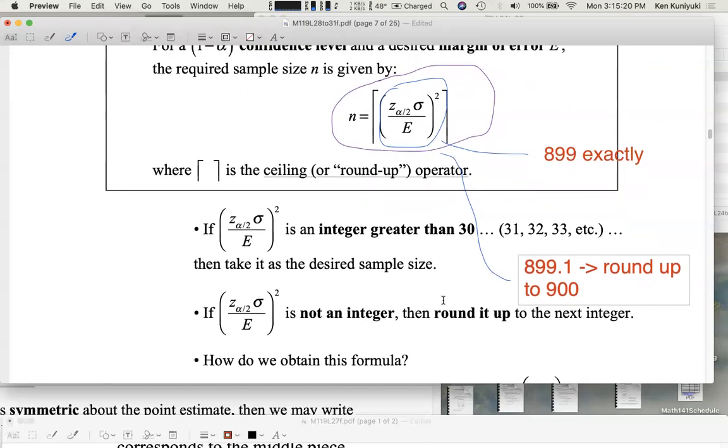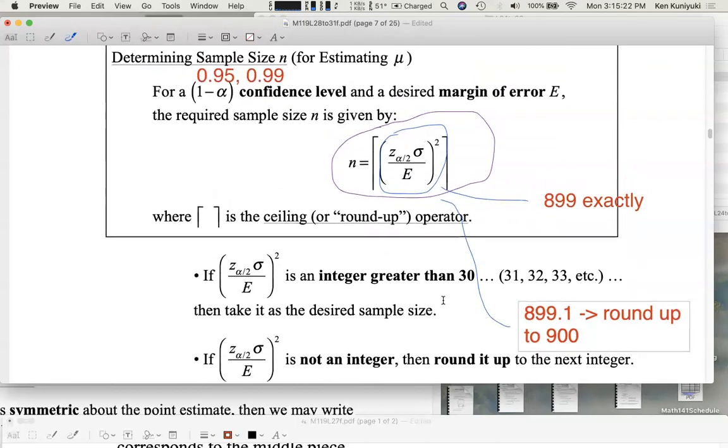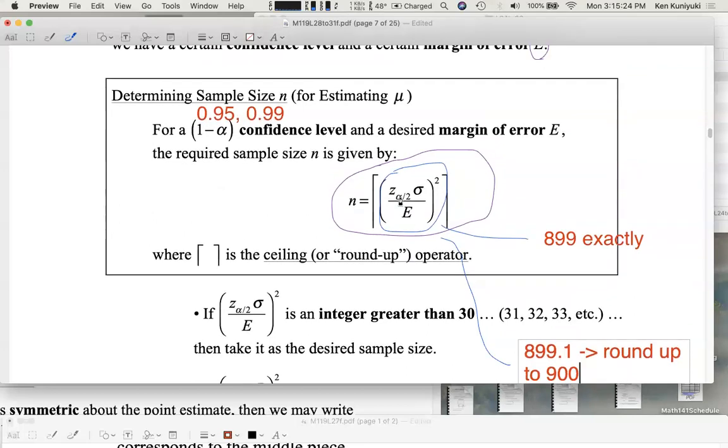Okay. Now, why do these pieces make sense? Well, what are some factors that will make the sample size larger? Well, the confidence level has an impact on what critical value we use. So for a larger confidence level, the larger critical value we use in here, and then the larger a sample size we'll need.